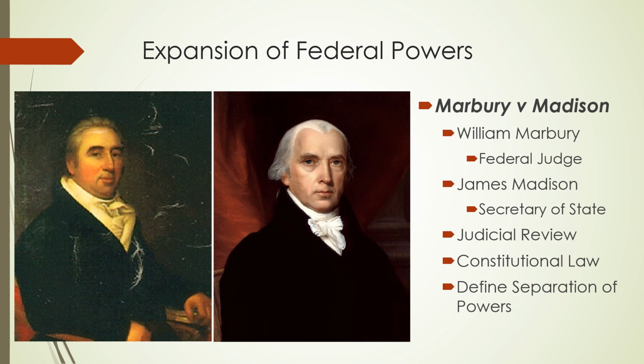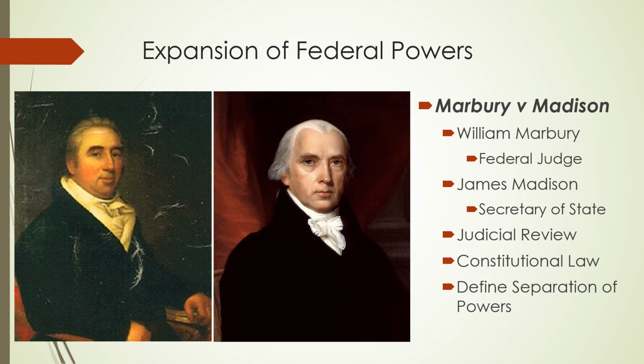Adams is the acting president, and so Adams appointed a lot of federal judges in his last days as president. And one of those federal judges was William Marbury. Now, of course, just appointing them is not enough. They have to be confirmed by the Senate, but a lot of them were.